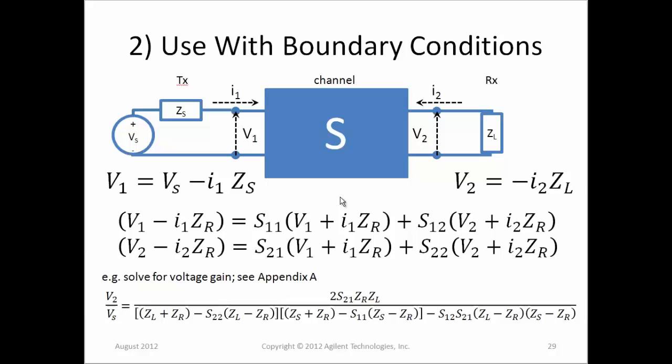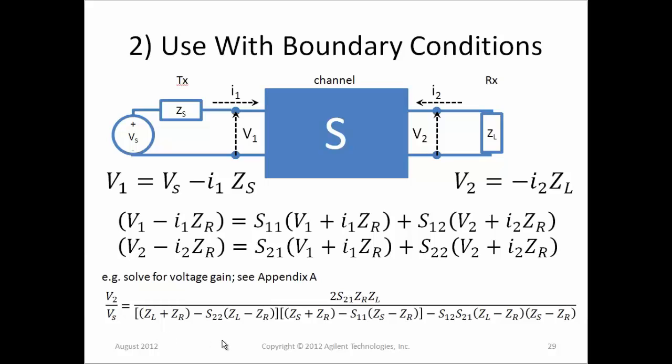We can solve for things like voltage gain, which is V2 divided by Vs. The algebra gets a little bit tricky because you've got quite a few terms here. I published the algebra on my blog as Appendix A. It's a PDF, goes through all the algebra. And it turns out the equation is kind of similar in form to what we saw for the Z parameters.